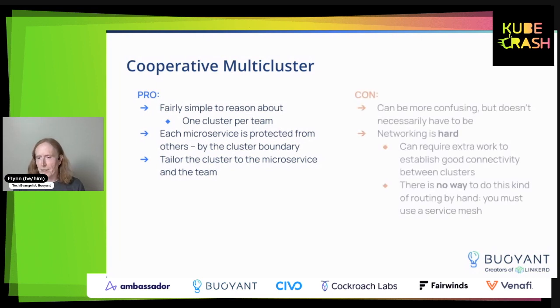The less ideal things: it can be more confusing. It doesn't necessarily have to be. It can be more confusing because you need to arrange it so that the people working on these things understand which things are running where.